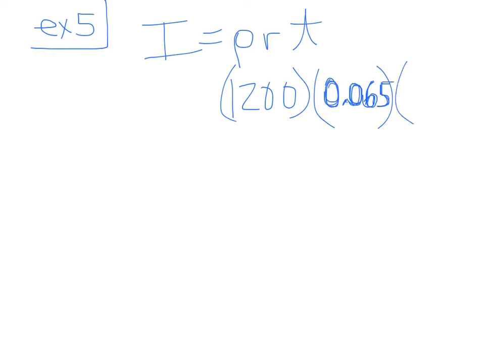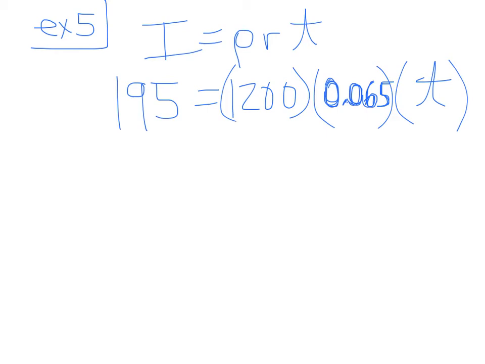And then T is time in years. But this is saying how long will it take. So T is going to end up being our variable. And it says how long will it take until Samuel earns $195 in interest. I stands for interest. So he wants to make $195 in total. So this is our equation.